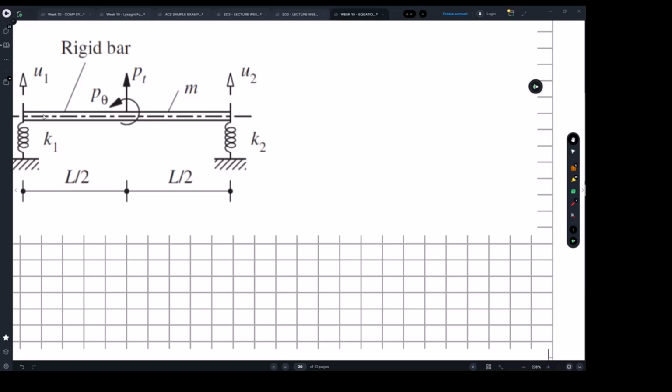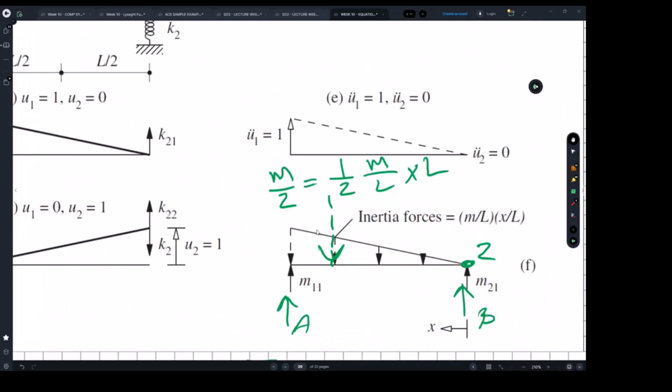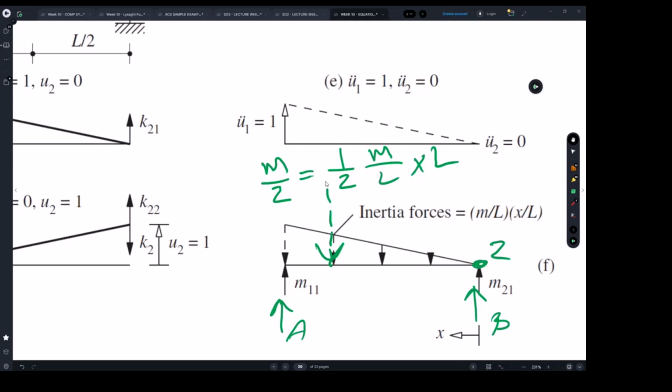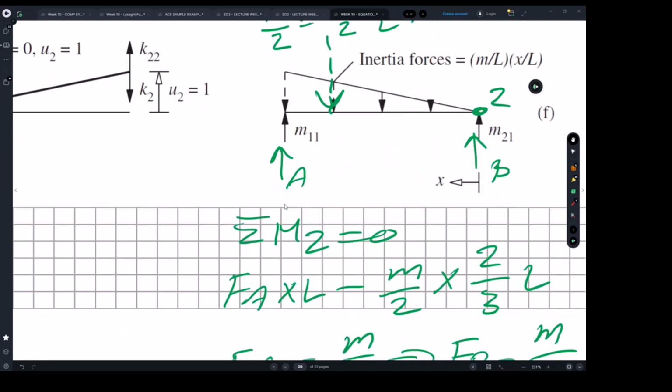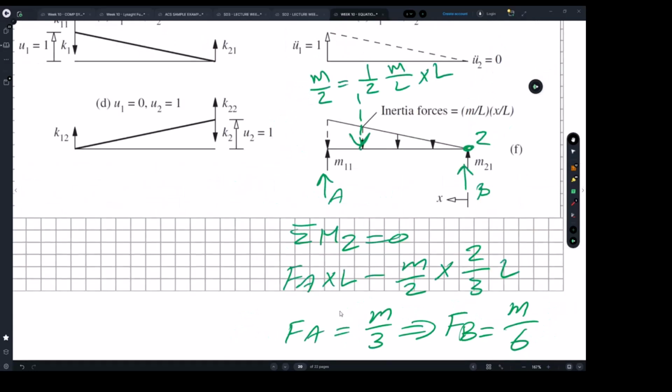This point is only carrying part of the steel beam or the unit, whatever it is. So to find it out, we have to apply the influence line, and then our equivalent force will be 1/3 from the maximum or 2/3 from 0. Then apply statics to find A or B. And that's how I found FA is 1/3 and FB is 1/6.